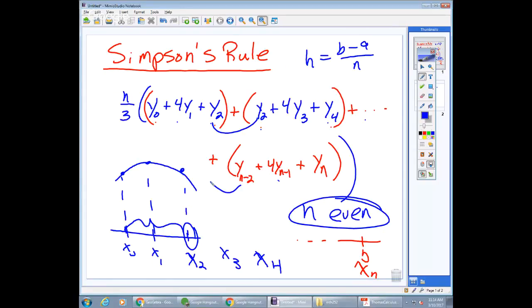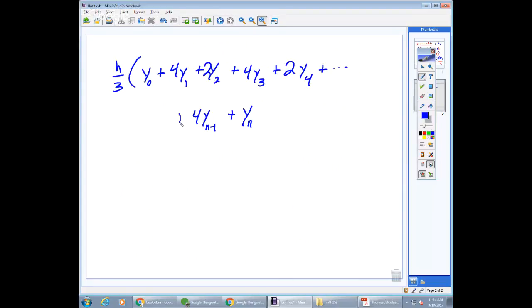This guy here is going to get used twice because it's adjoining 2 different parabolas. And so you'll have a plus twice that y sub n minus 2. So the point here is there's a pattern. The first and last y values get used once each. In between, it always goes 4, 2, 4, 2, ending with a 4. Always looks that way, right?